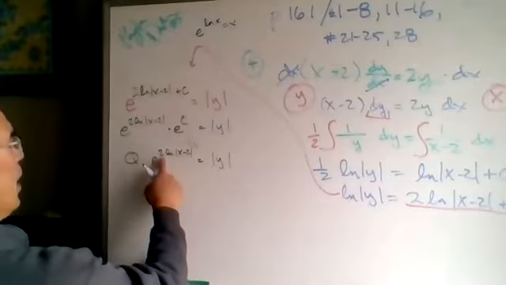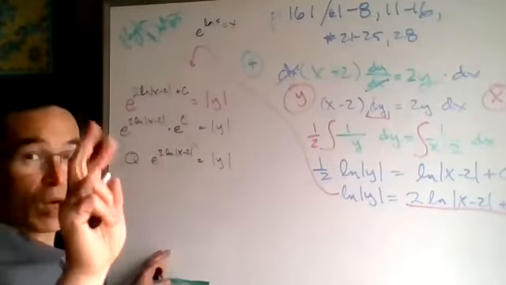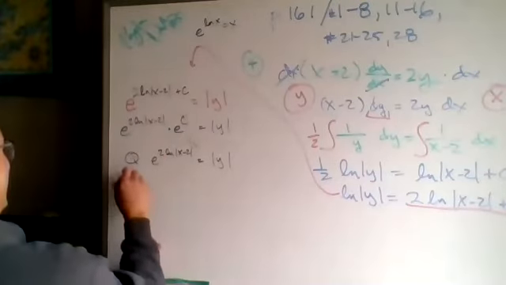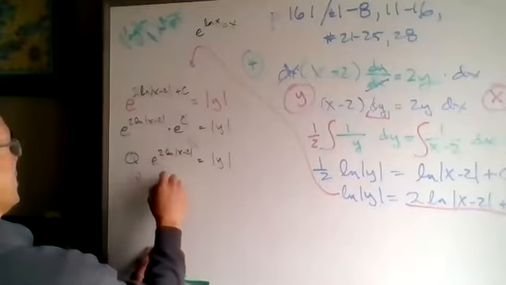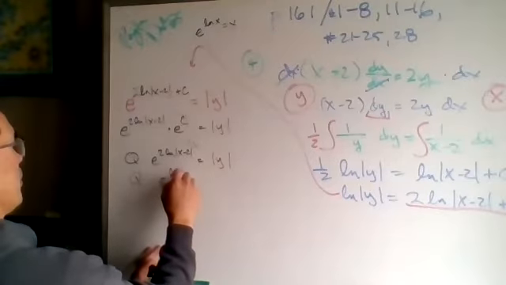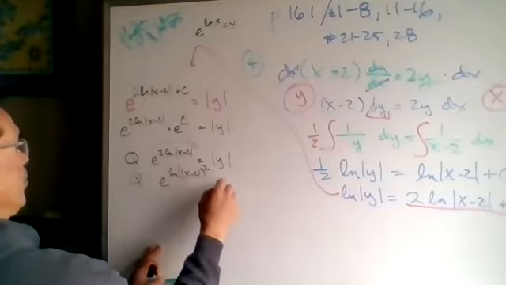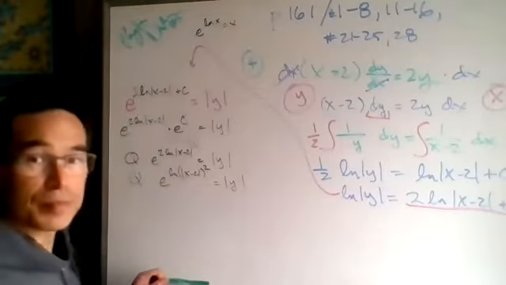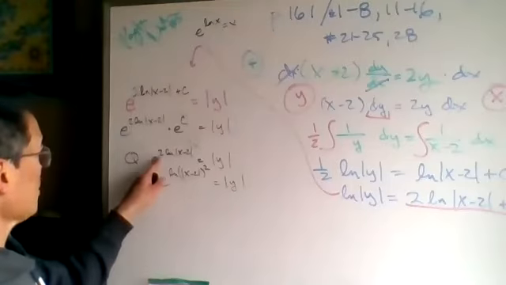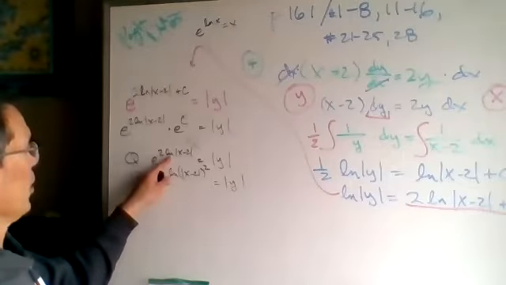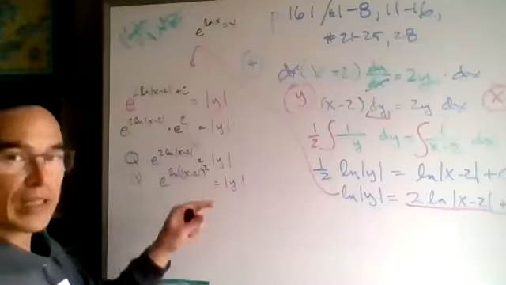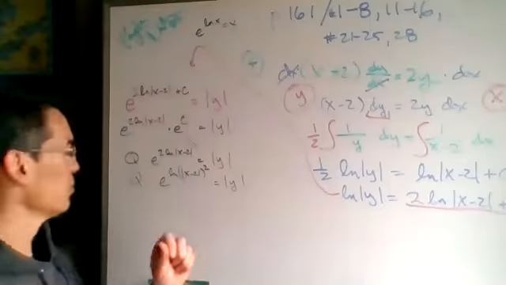And so I can use the throw up property. So we write it like this. This coefficient in front of a logarithm can become an exponent. That's the throw up property, okay?